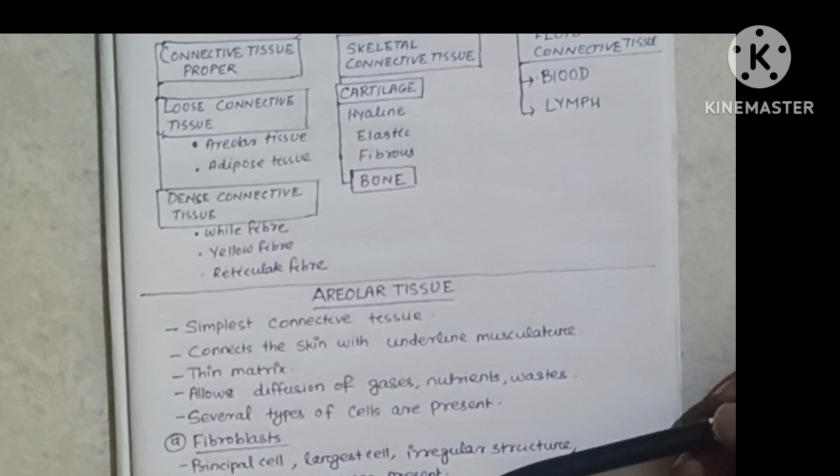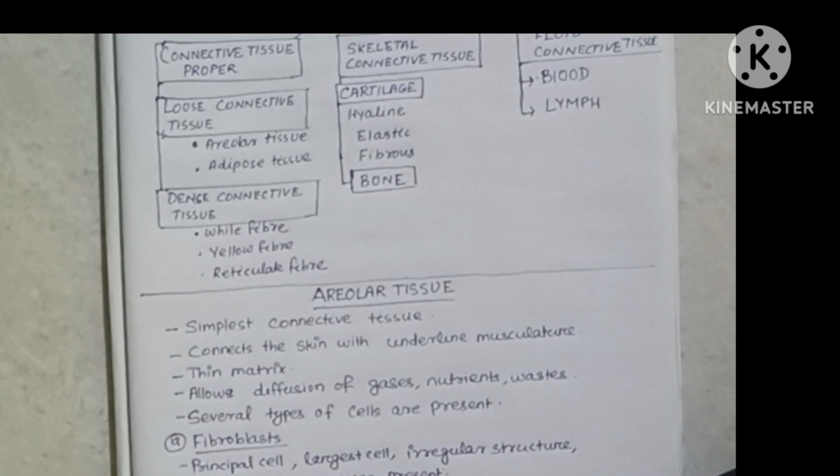It develops to form fibrocytes, that means fibroblasts are young cells which mature to form fibrocytes, the old cells. It forms three types of fibers. As the name fibroblast suggests, it forms fibers: white fiber, yellow fiber, and reticulate fiber.